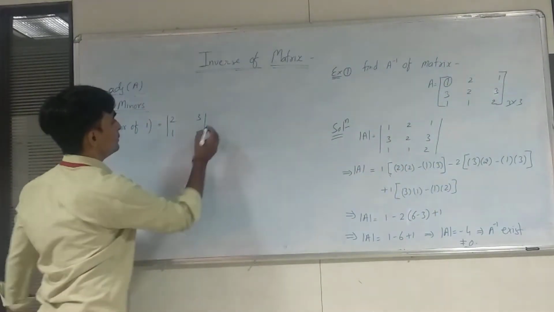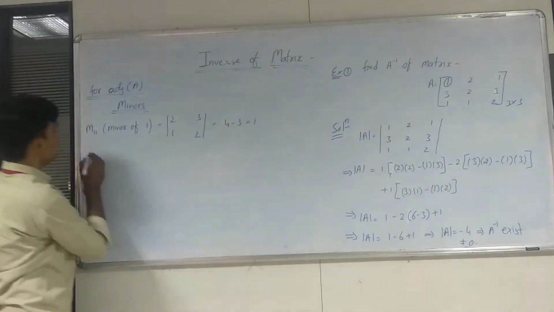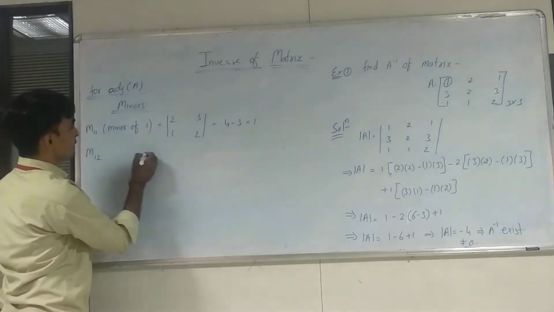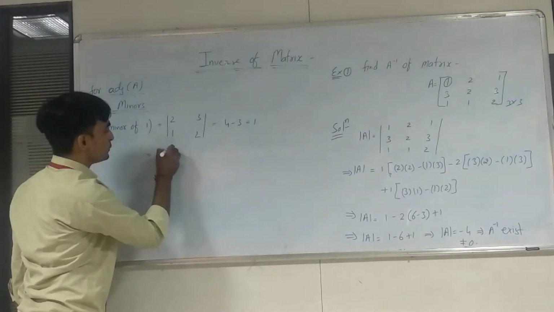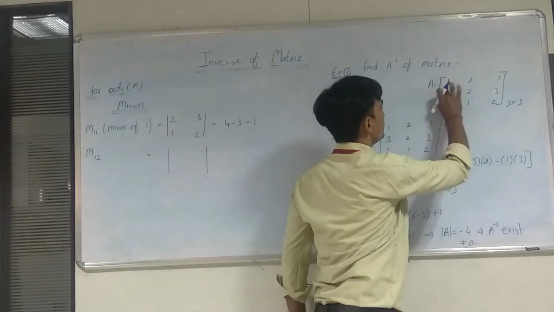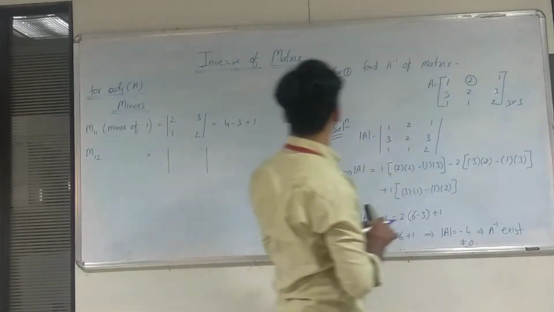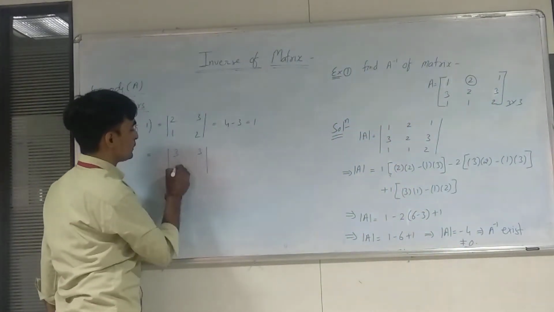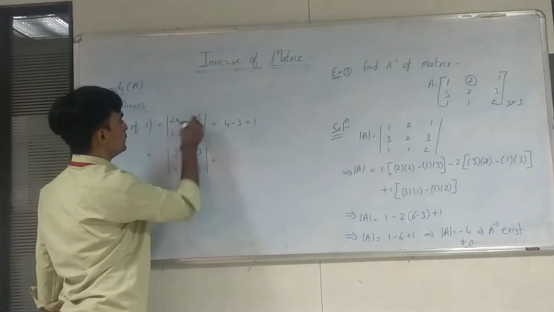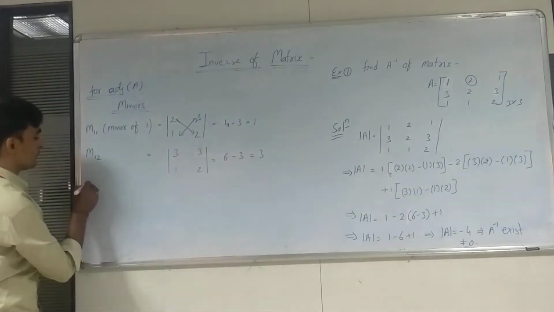So 2 twos are 4 minus 3, it is 1. M12 is the minor of 2. You have to neglect the first row, second column. So 3 3 1 2, cross multiplication: 3 twos are 6 minus 3 is 3.